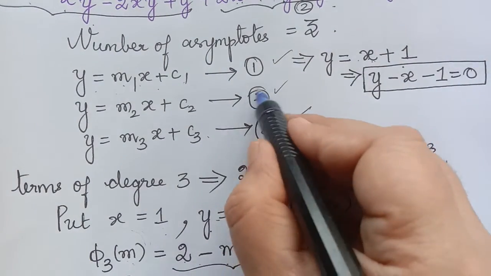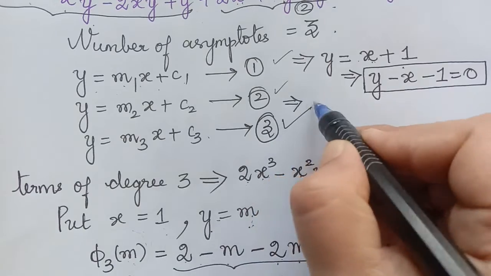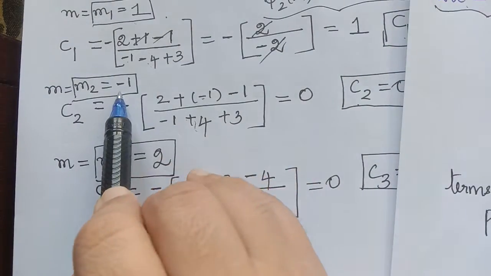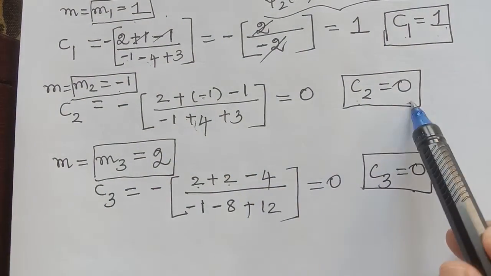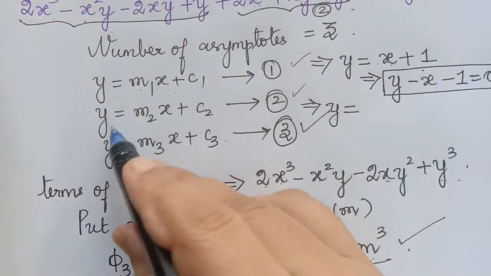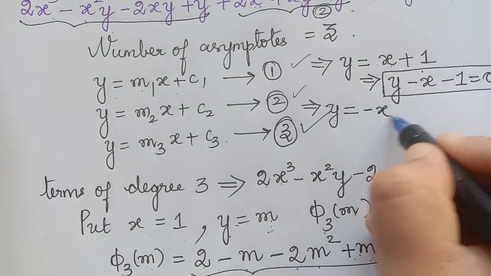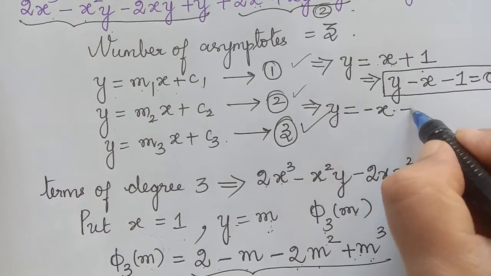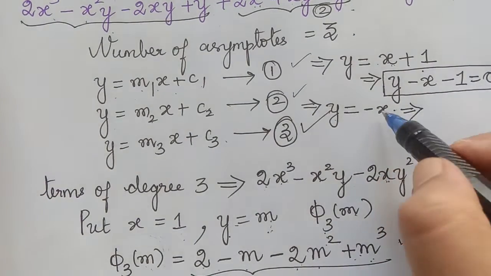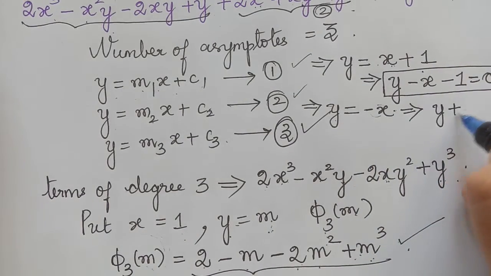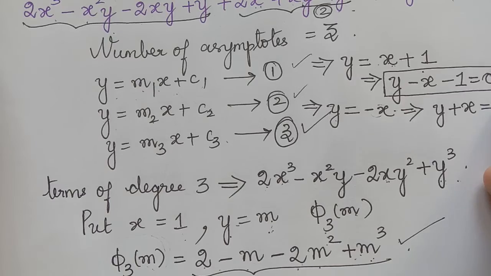Now, using the second equation, we will have y equal to, what is m2? m2 is equal to minus 1, and corresponding c2 is 0. So when we substitute that, here you will have y equal to minus x, and c2 is 0, so we need not write. So from that, taking this minus x to the left, we get y plus x equal to 0.